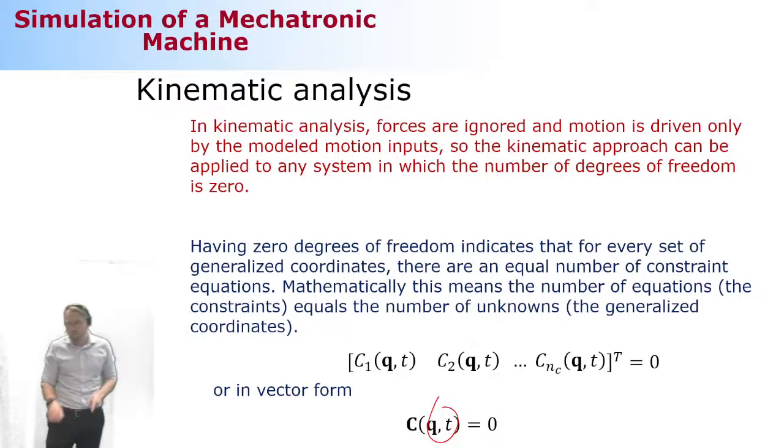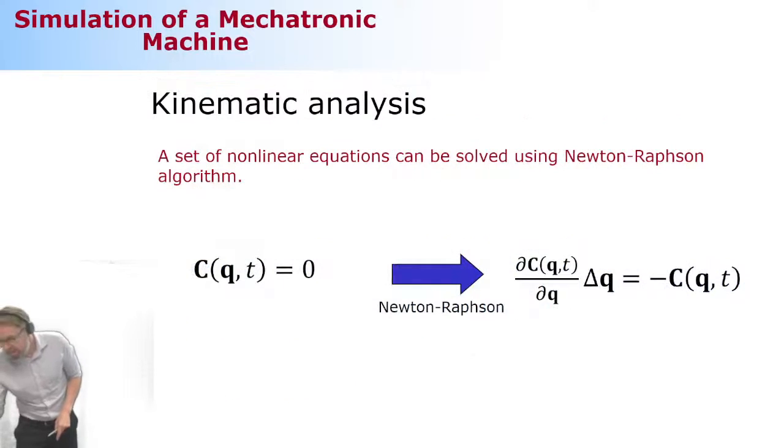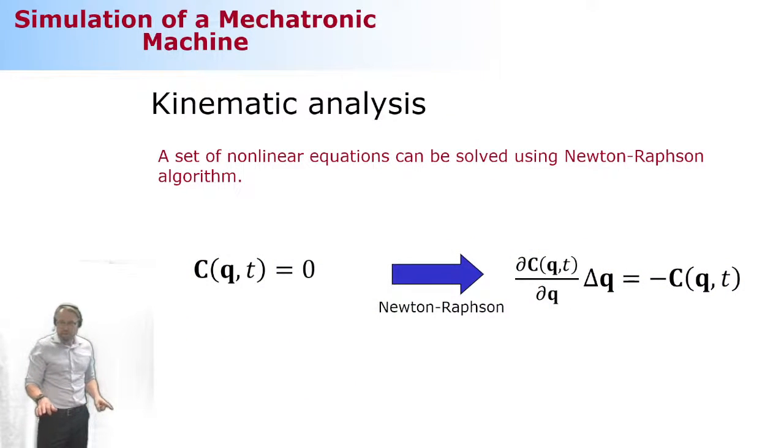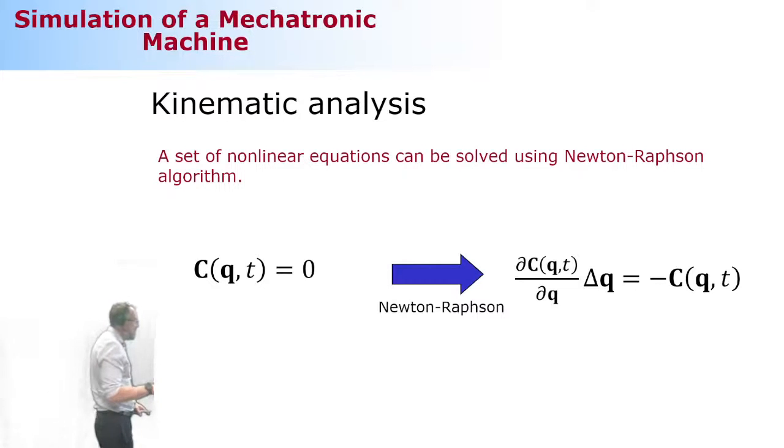A Newton-Raphson approach needs a Jacobian matrix. This is how Newton-Raphson goes.